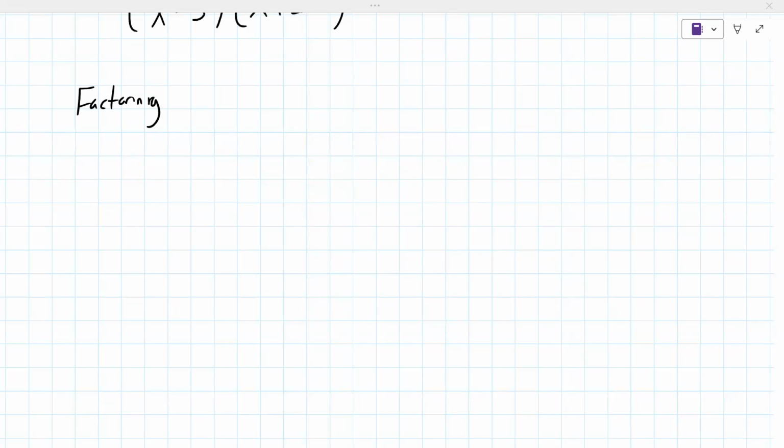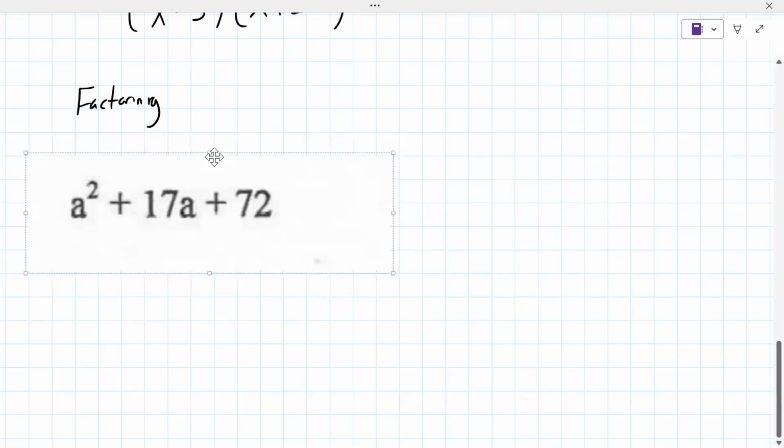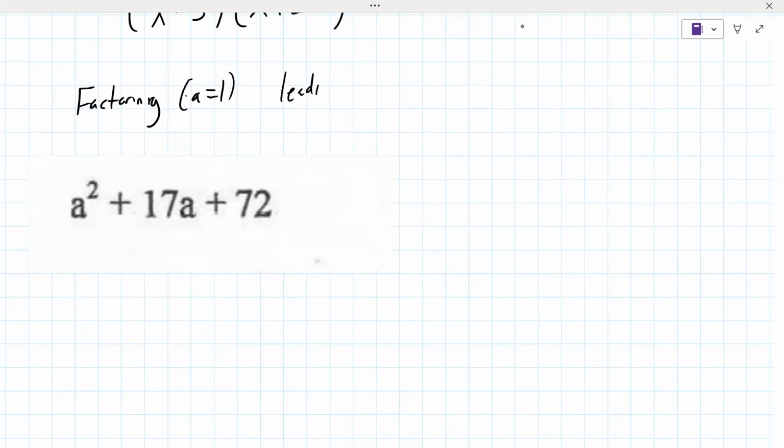Okay, so here is the first category grouping of problems. And we're looking at a very specific type of factoring. It's called A equals 1. The leading coefficient is 1. And within this, there's 3 sub cases. The first one is the plus, plus, plus.